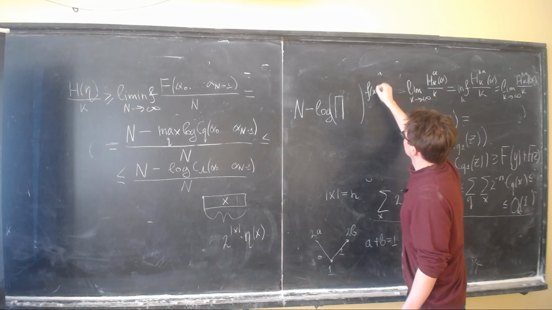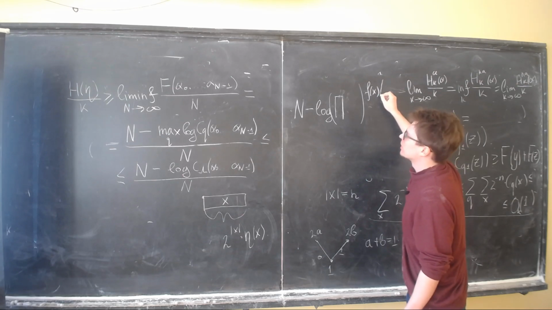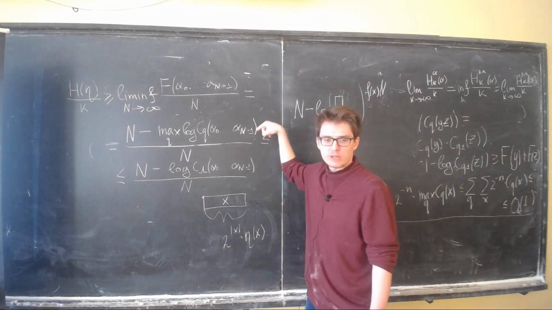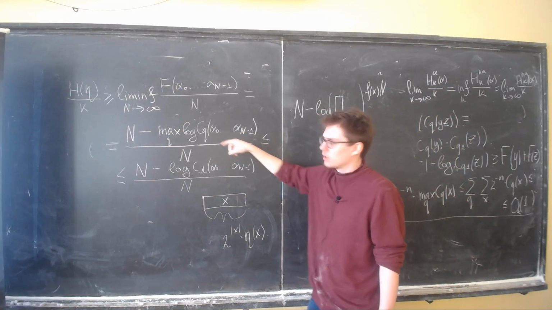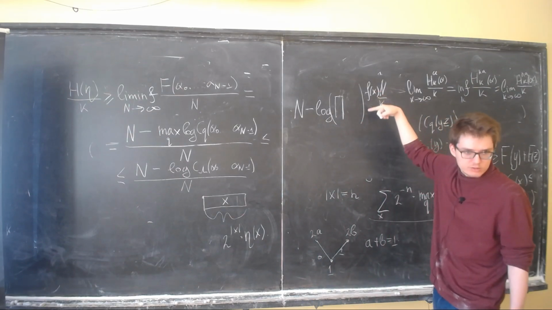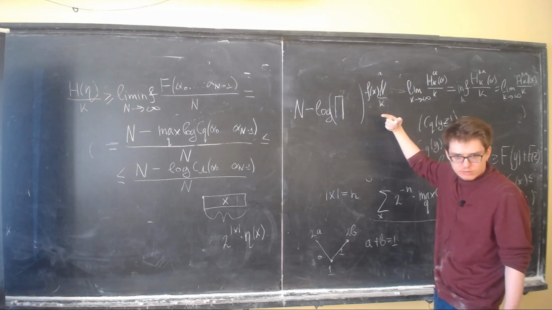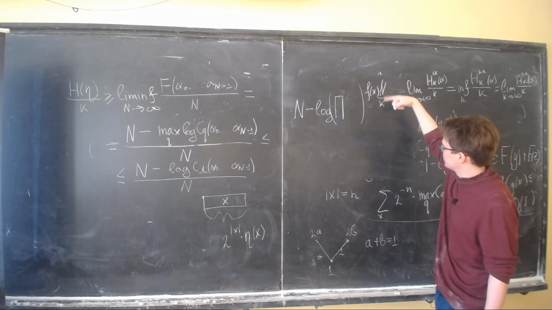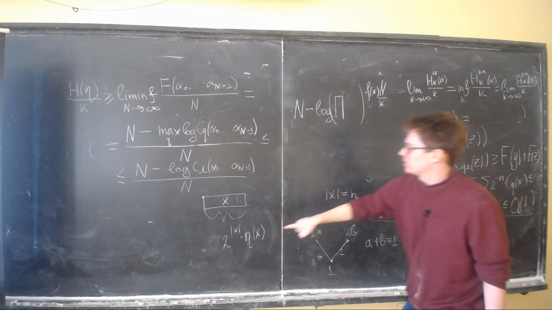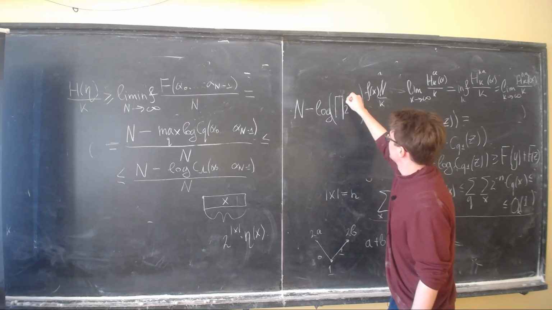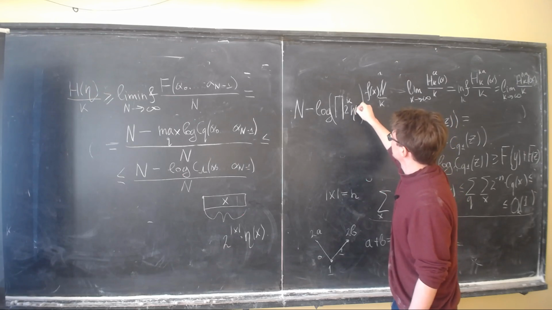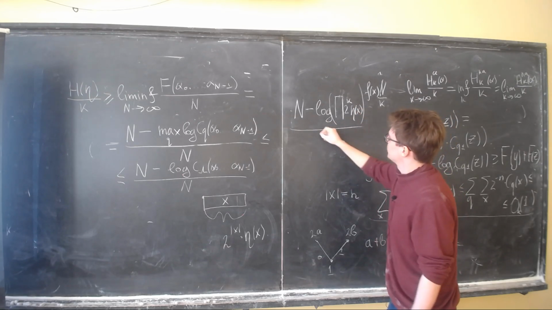By f of x I denote the fraction of these blocks. We have here n over k aligned blocks, so the number of blocks is f of x multiplied by n over k. And here I have 2 to the k, because the length of x is k, times eta of x. And I should divide it by n.